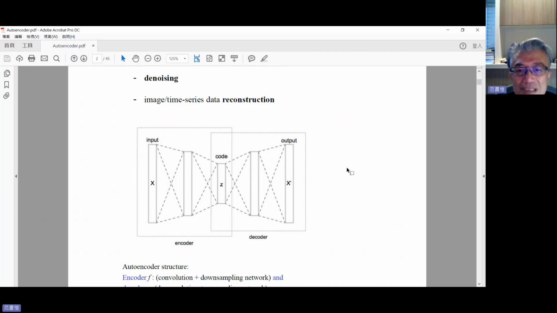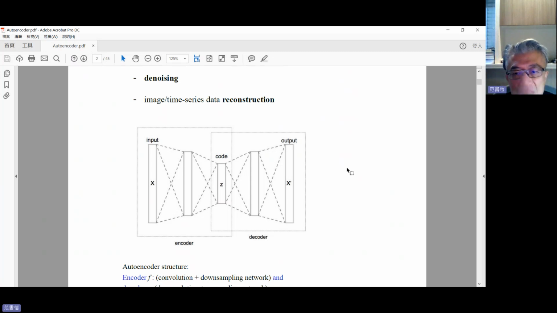From X to Z is the encoder, known as downsampling. I use a convolution to shrink the size. Then Z is considered the most important feature to represent the entire structure, the essence and content of the original input data.